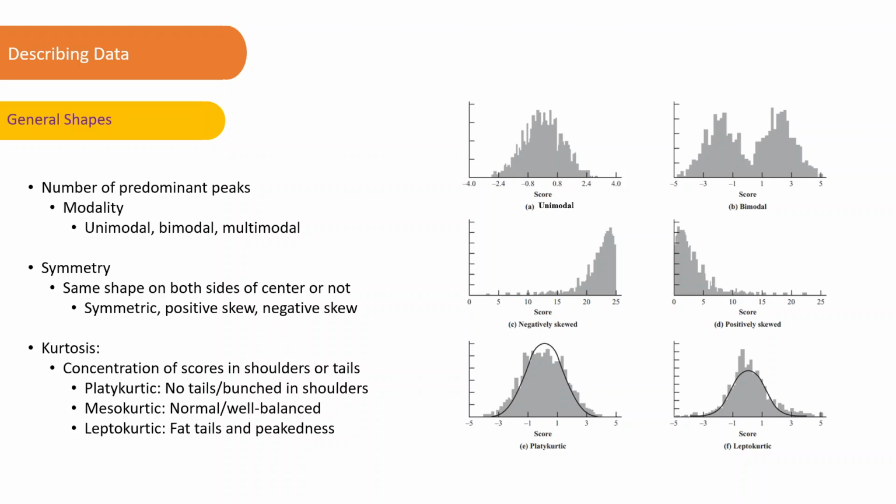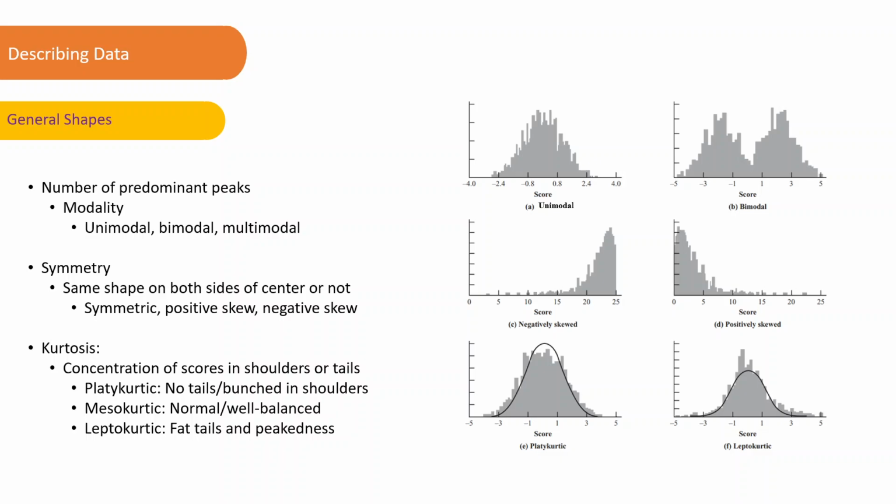With skewed data, the majority of our scores fall in one area, but some extreme scores trail off and pull the distribution in the other direction. You talk about the direction of the skew in terms of where the extreme values lie. This is negatively skewed because the smaller values are more extreme and they're pulling our data that way. And this is positively skewed because the extreme values are the larger, more positive values.